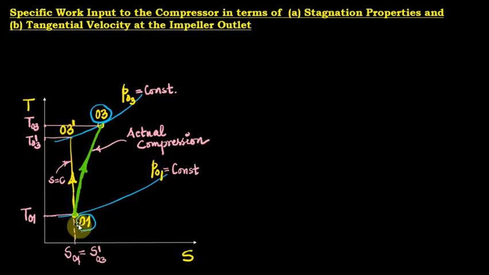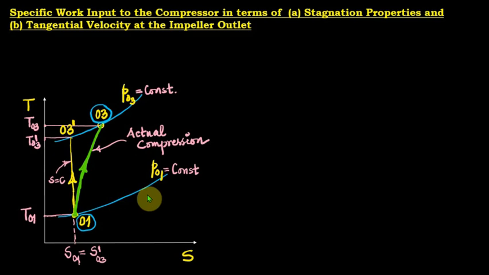So if you represent the process corresponding to this actual compression in an isentropic manner, then it would have been 0,1 to 0,3 dash. Now consider the two constant pressure lines, one passing through 0,1 and the other passing through 0,3. What is this constant pressure line in a TS plot?